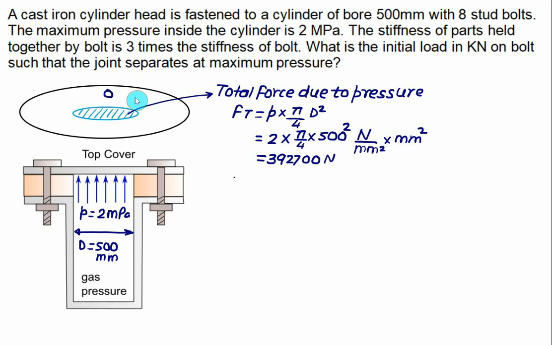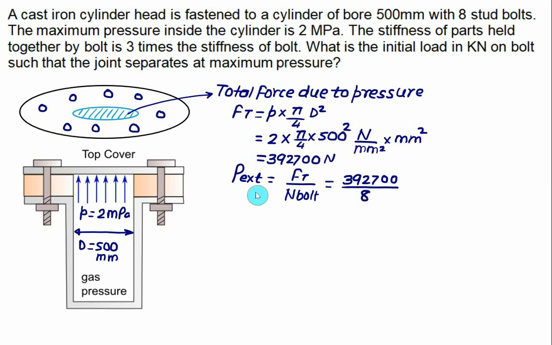This force is opposed by 8 bolts. So these total 8 bolts are holding the head with the cylinder body. So the external force developed in each bolt will be P external equal to total force divided by the number of bolts. Total force is 392,700 and the number of stud bolts used is equal to 8.